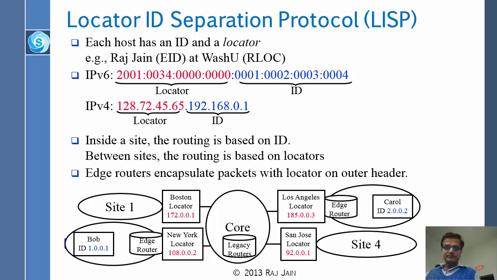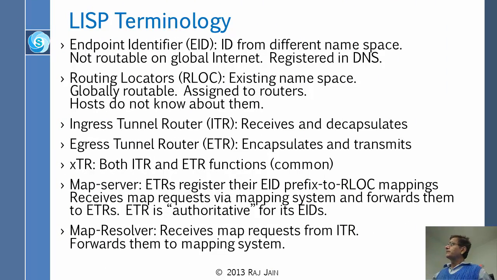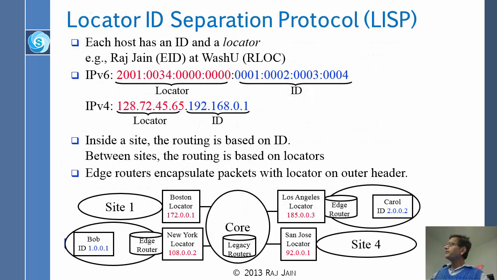All right, the ingress tunnel router, ITR, receives and decapsulates, and the ETR, egress tunnel router, encapsulates and transmits. So let's look at ITR and ETR. Here, the edge router on the right is the ITR. This takes the packet from the outside world and decapsulates it.